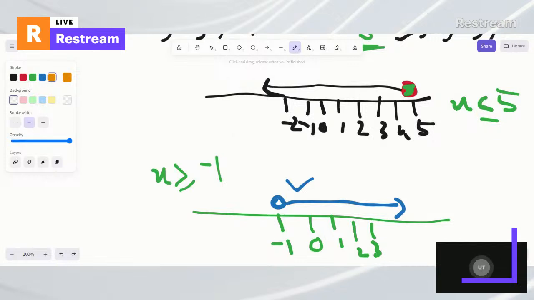Do I fill this up or not? Quickly, everyone, do I fill this up or not?